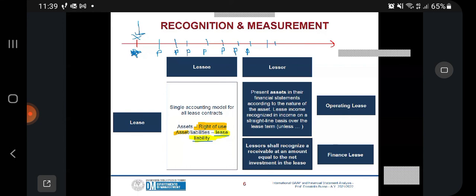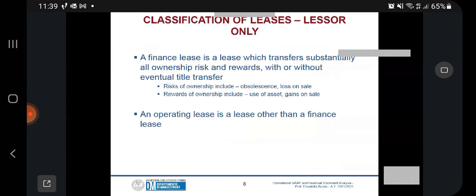And so companies, lessors, they have first of all to verify if the lease is an operating lease or a finance lease. IFRS 16 starts with the definition of finance lease and states that a finance lease is a lease that transfers substantially all the ownership risks and rewards to the lessee.